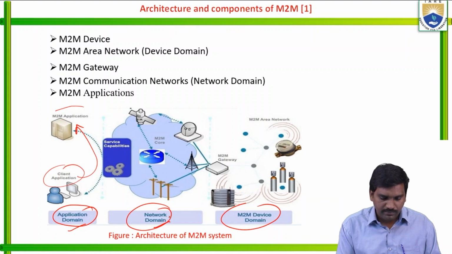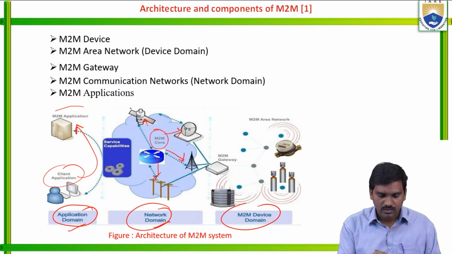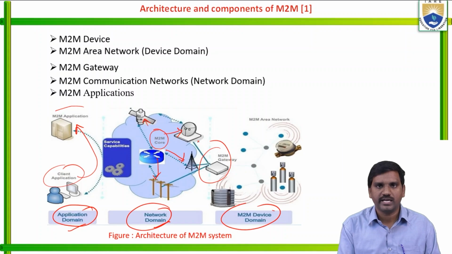Next, the network domain. Here the M2M core device is connected with satellites, networks, or any other platform. The service communication goes on among these devices. Next, the M2M device domain. The network domain and M2M device domain are connected with M2M gateways also. The M2M gateway is one of the components of machine to machine.